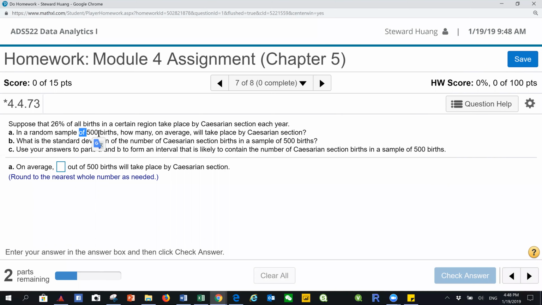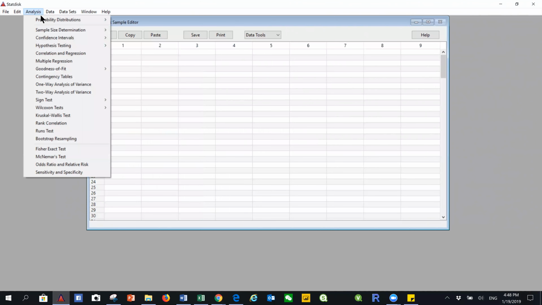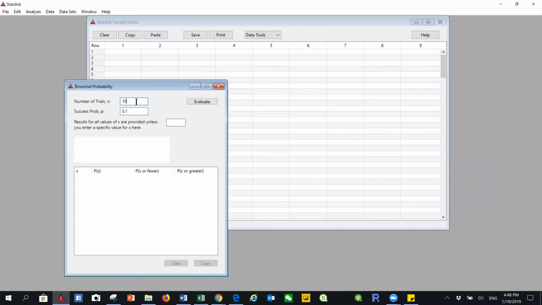So p is 0.26 and n is 500. So you just use StatDisk and use the probability binomial distribution, 500 and 0.26. Okay, and that will give you the answer.